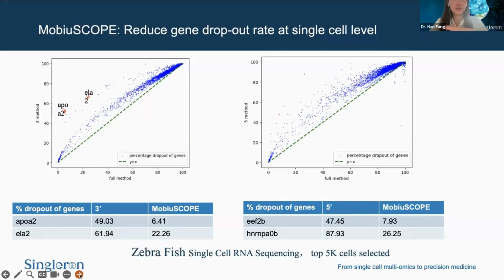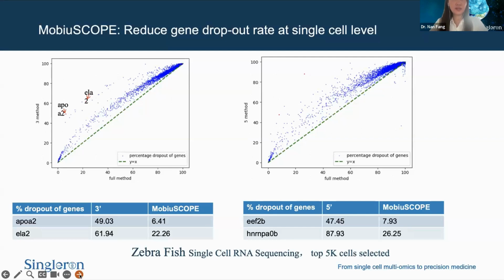And for the annotation of genetic data from those organisms, if we do single-cell sequencing, the dropout rate, which is typical for any single-cell sequencing method, could be an even more severe issue for those non-model organisms compared to organisms like human or mouse, which already have quite good reference genomes.